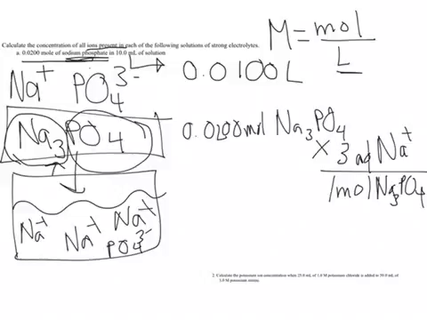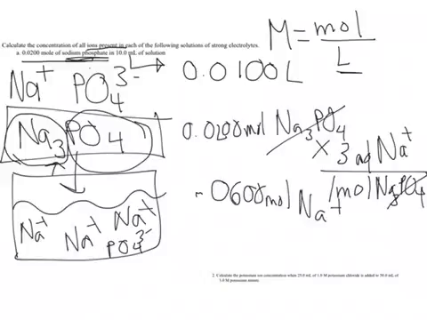That will give us our moles of just sodium because the moles of the whole compound, sodium phosphate, will cancel out. So you take 0.0200 times 3 and you get 0.0600 moles of the sodium ion.